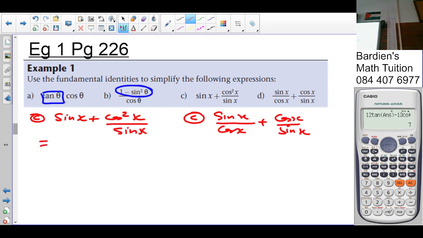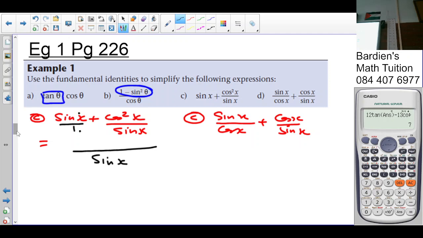Okay. So what we're going to do here is we're going to find an LCM. Not so? What's the LCM here? Sin x. So that you must multiply it by sin x. You multiply the numerator also by sin x.